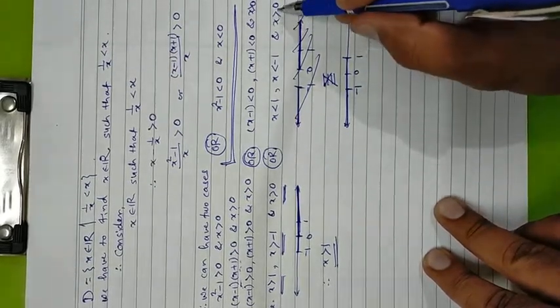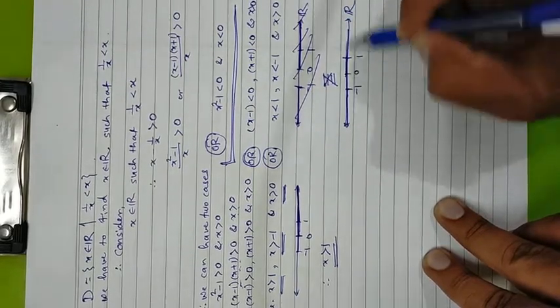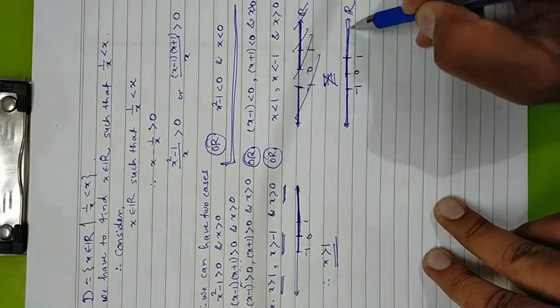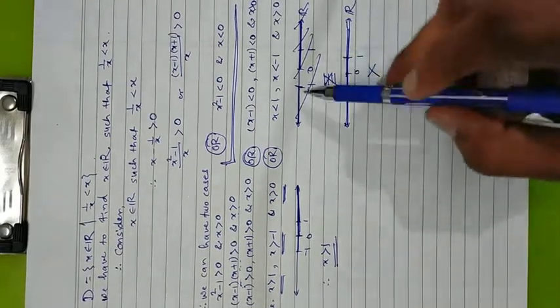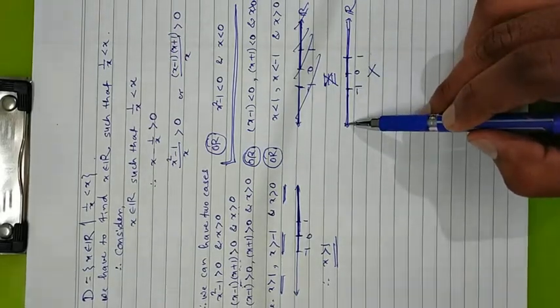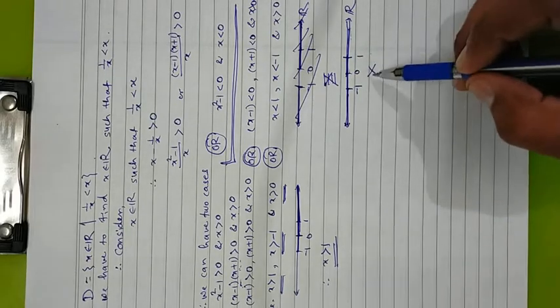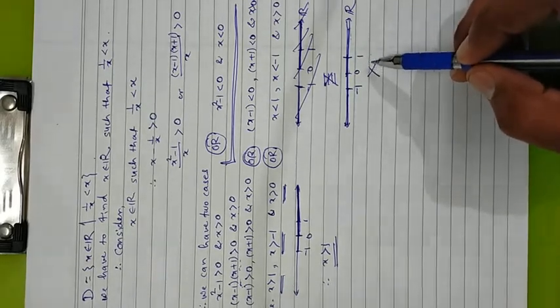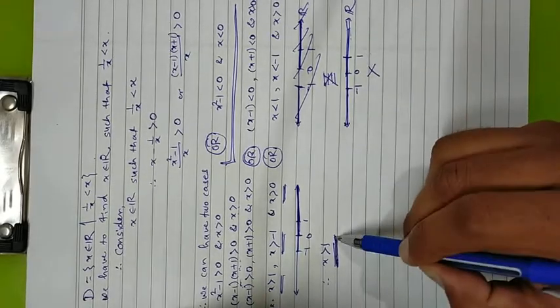And x is greater than 0, x lies in this part, right? What is common to these three things? Nothing. Because x is less than 1, x is less than minus 1, and x is greater than 0, nothing is common. So this case is not possible, right? So x greater than 1 is the only possibility.